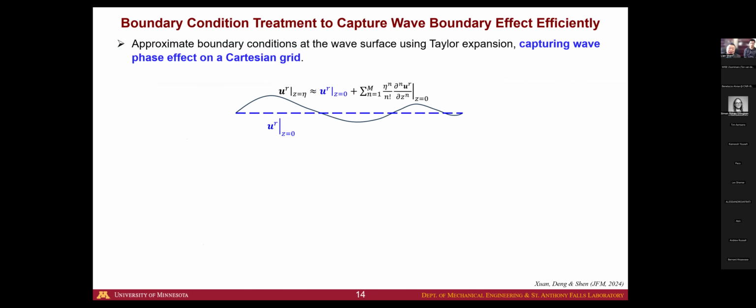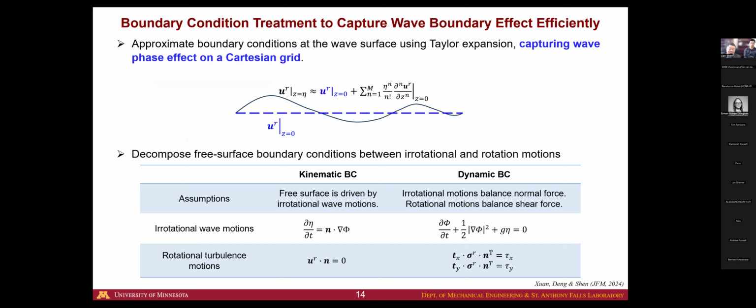So what we did recently is we used Taylor series expansion to expand those boundary conditions from the mean water surface. And then we assigned different roles to the wave part and to the rotational part.